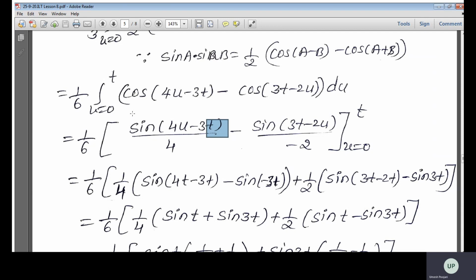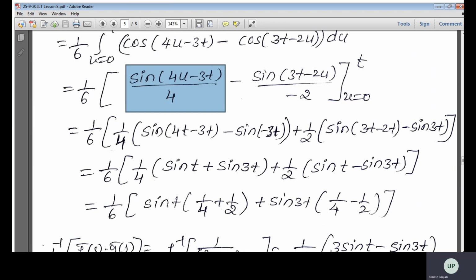So in the first term, if you take the upper limit and lower limit, we get 1 by 4 outside, sine 4t minus 3t minus, when u equal to 0, we will get sine of minus 3t. So here minus into minus plus. 1 by 2: when u equal to t, you get sine 3t minus 2t minus, when u equal to 0, you get sine 3t.